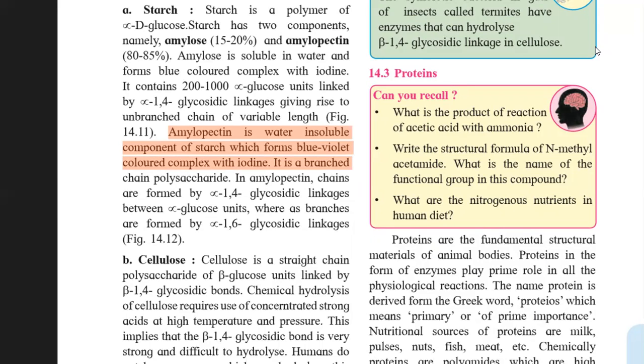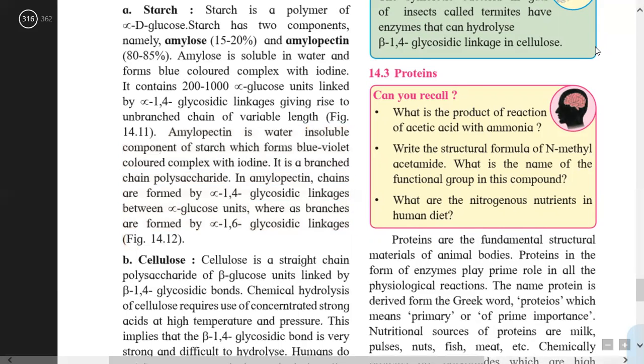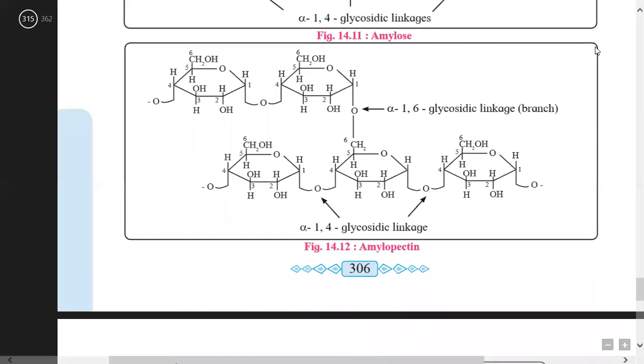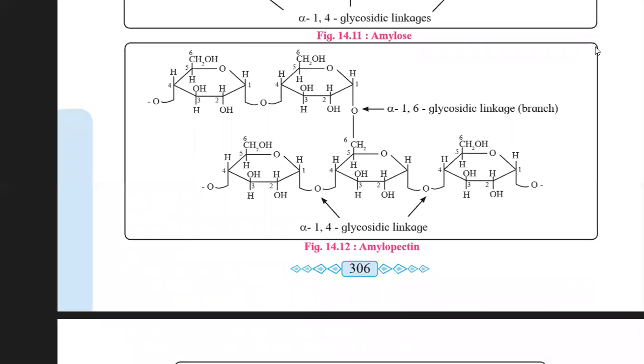In amylopectin, the chains are formed by alpha 1,4 glycosidic linkage between alpha glucose units, where the branches are formed at alpha 1,6 glycosidic linkage. So two types of linkages are present in amylopectin. Amylopectin is the second component of starch. It constitutes about 80 to 85% of starch.